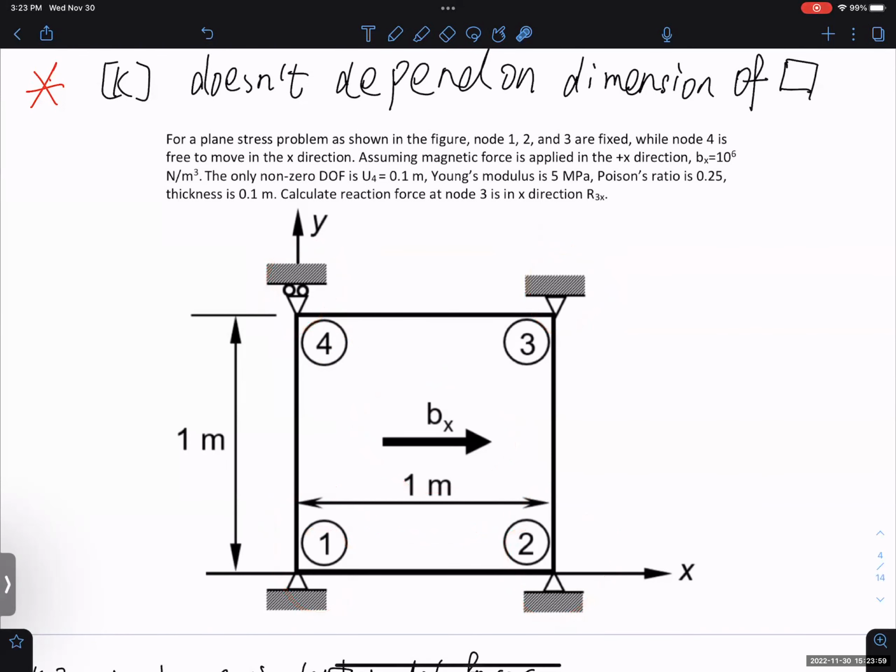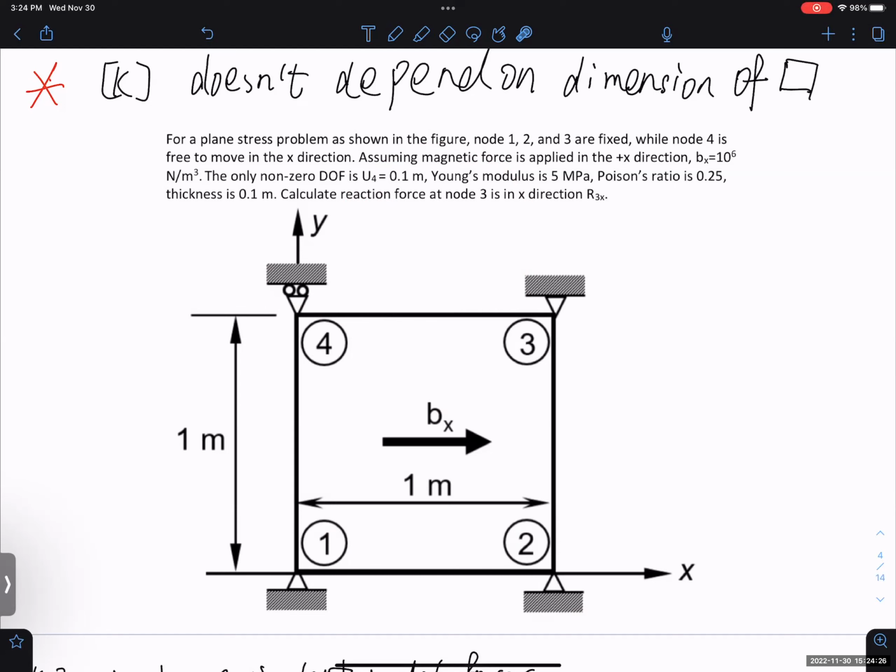And since this one is free to move in the X direction, if there's an R for X, this is only zero reaction force. And for all the other reaction forces, there should be some value there, because when it constrains the degree of freedom, there is a reaction force to constrain it.